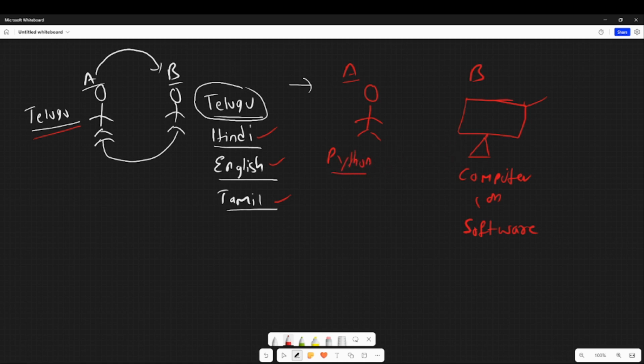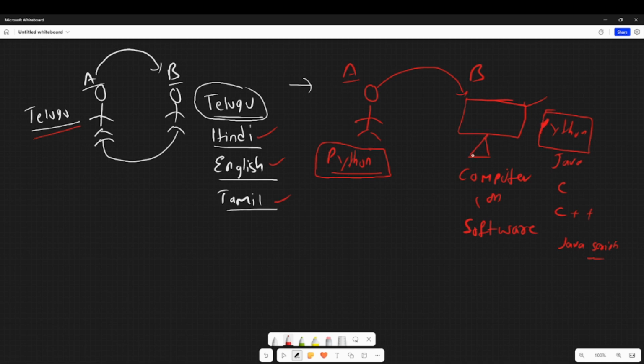For example, a candidate here knows only Python, but the software or computer knows Python, Java, C, C++, JavaScript, etc. If the person wants to communicate with the computer, he only knows Python, and the system can understand the Python programming language.